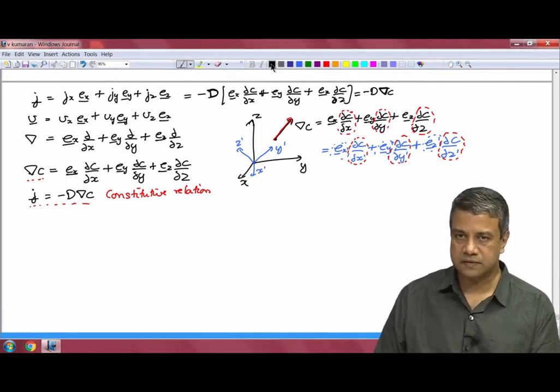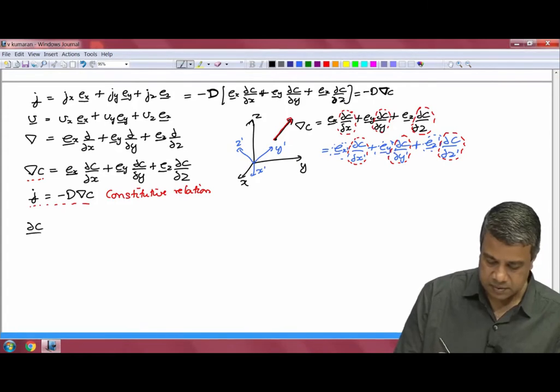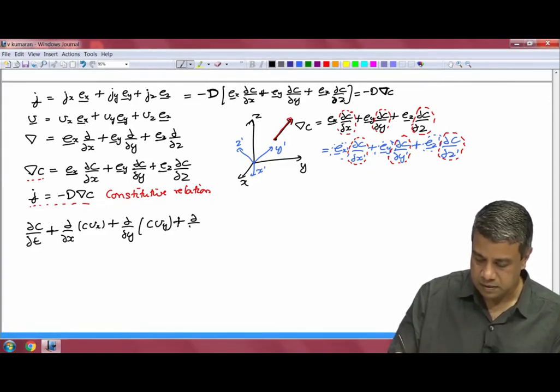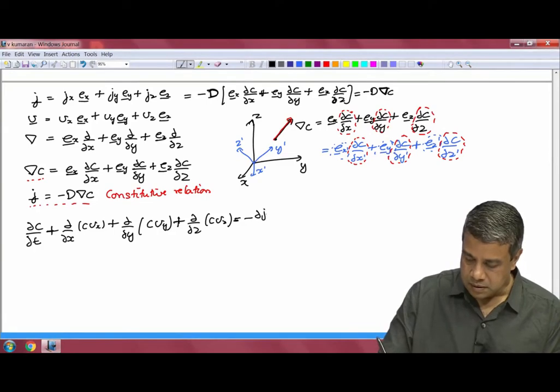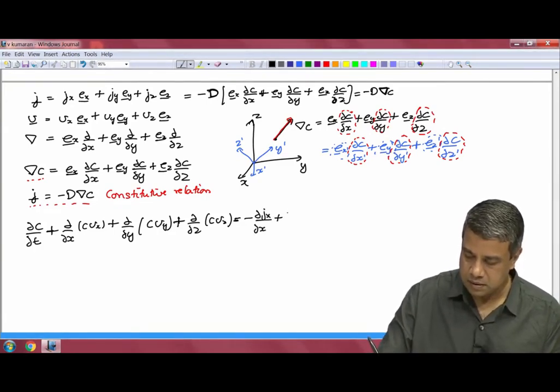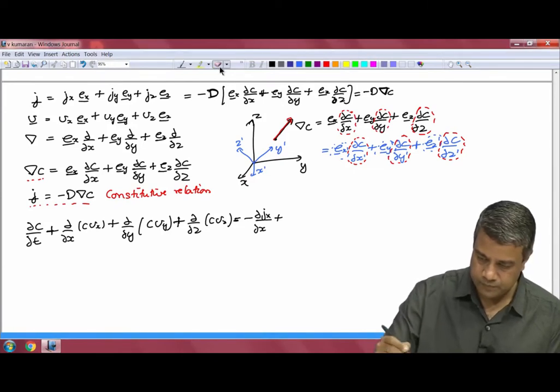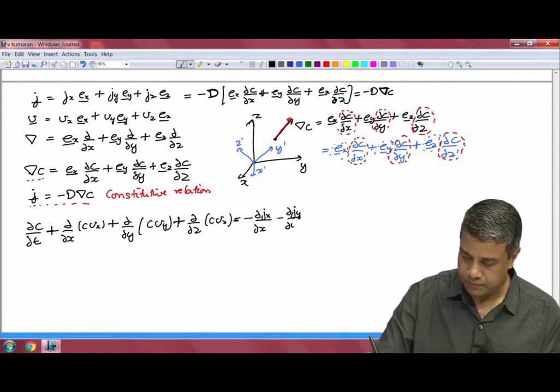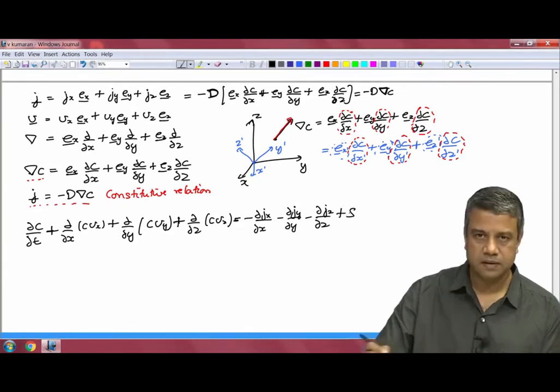If you recall, the conservation equation was partial c by partial t plus partial by partial x of c v x plus partial by partial y of c v y plus source term.